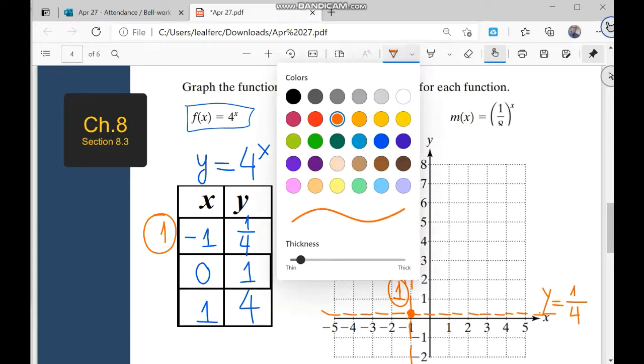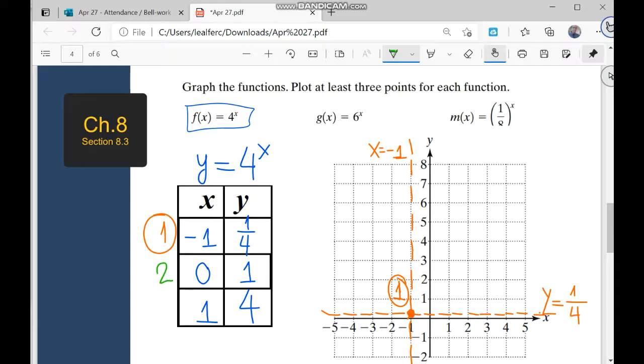Now, let's find point number 2. X equals 0. Here, x equals 0. Y equals 1. And then you have this point, is point number 2.